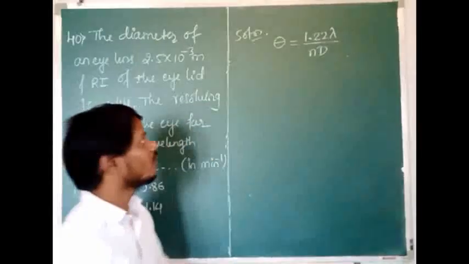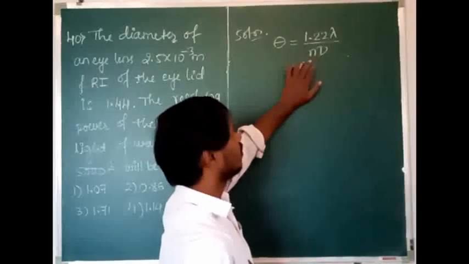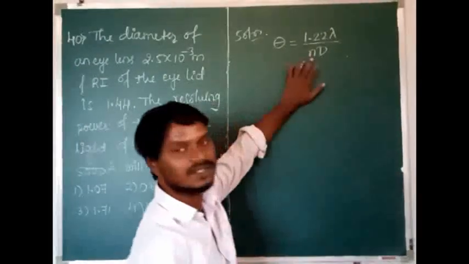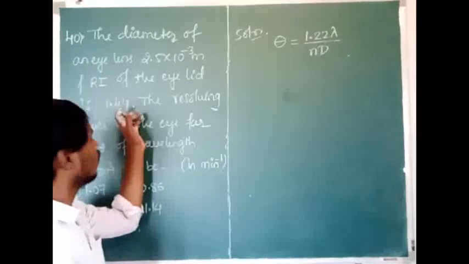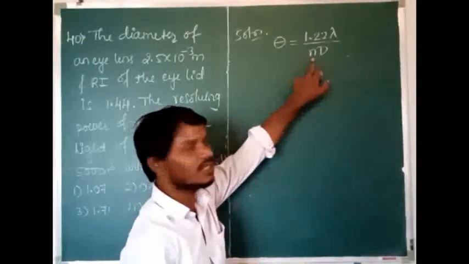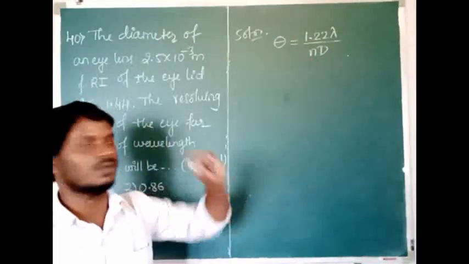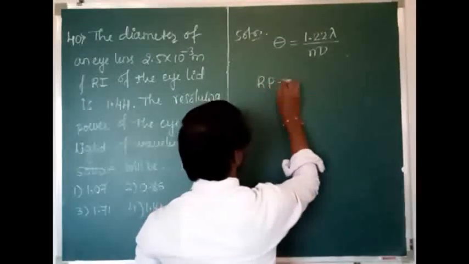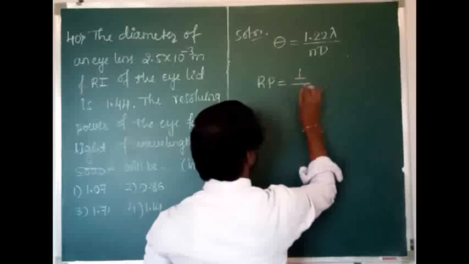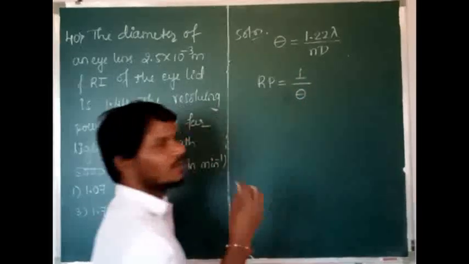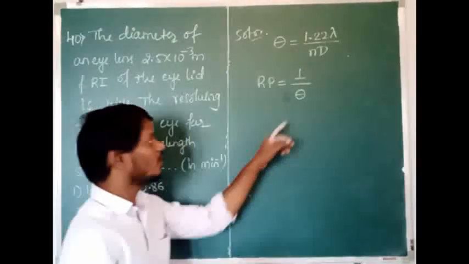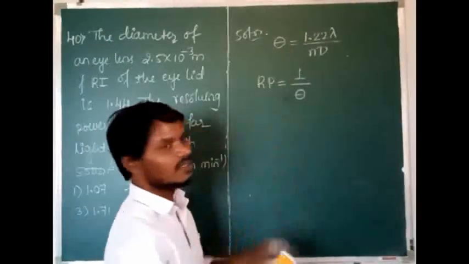If there is an air medium, we take n as 1, but because here the eyelid has a refractive index of 1.44, we are going to take the refractive index as 1.44. The resolving power is the reciprocal of the limit of resolution, that is 1 by theta. First we have to find theta in terms of minute, then we put the value of theta to get the answer in per minute.